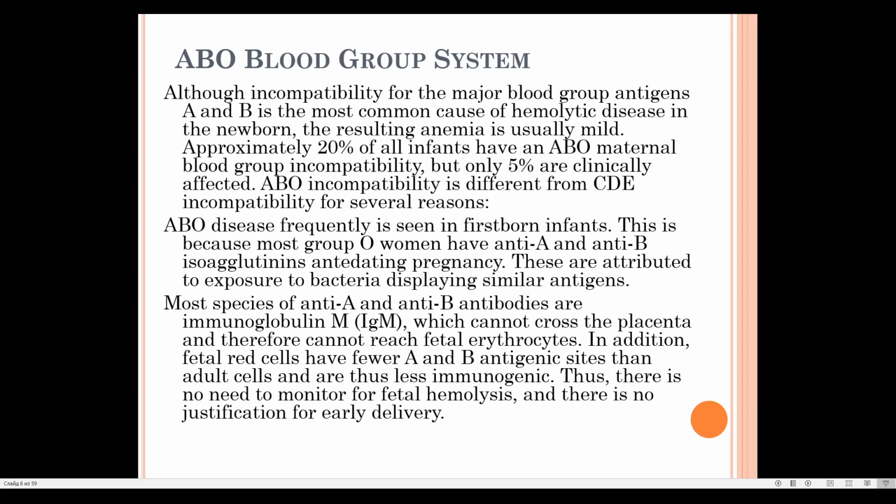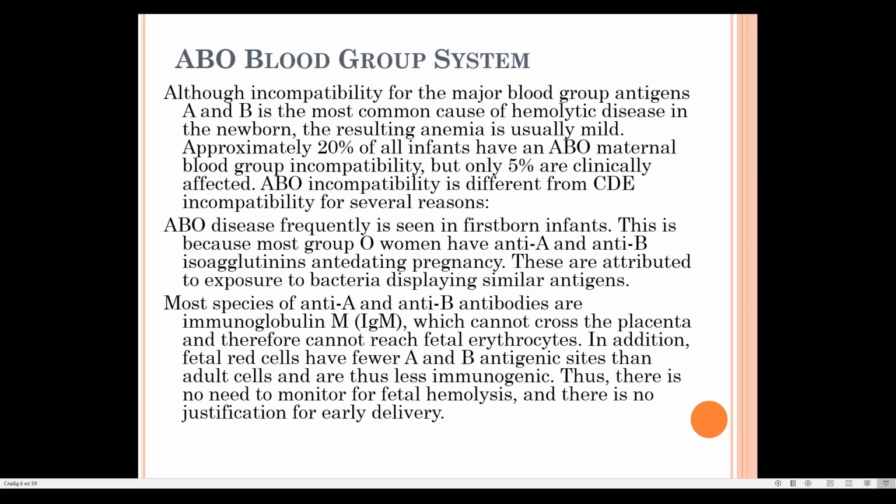This is because most group O women have anti-A and anti-B isoagglutinins antedating pregnancy. These are attributed to exposure to bacteria displaying similar antigens. Most species of anti-A and anti-B antibodies are immunoglobulin M, which cannot cross the placenta and therefore cannot reach fetal erythrocytes.